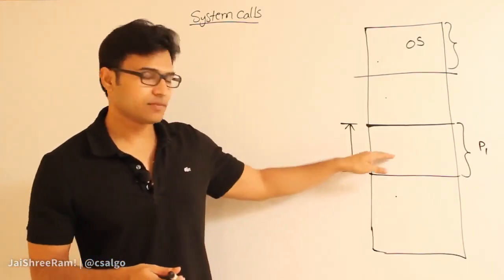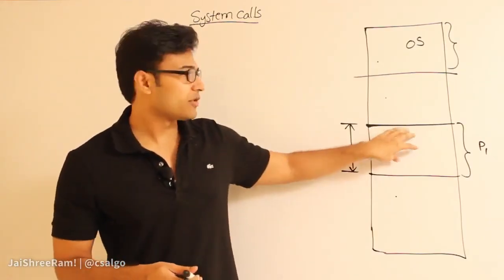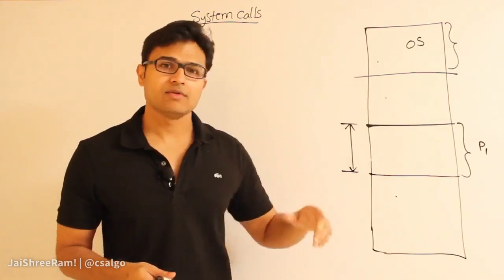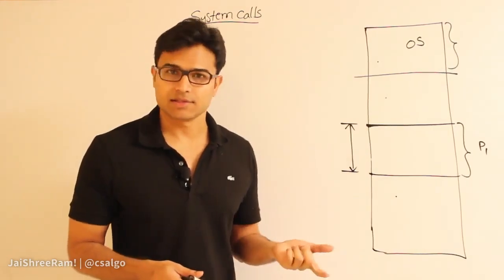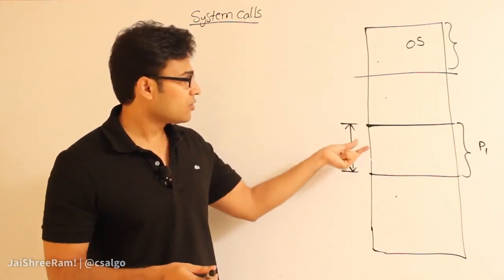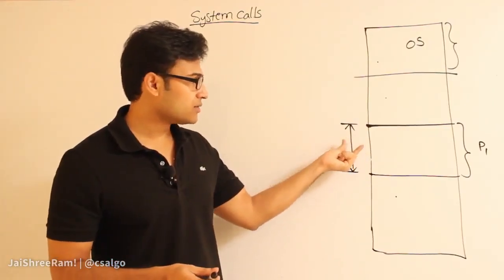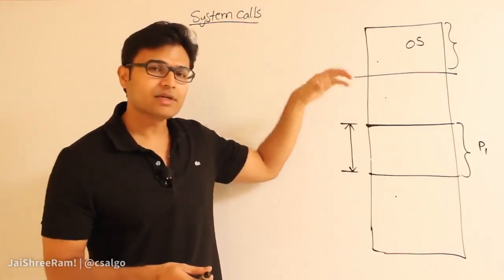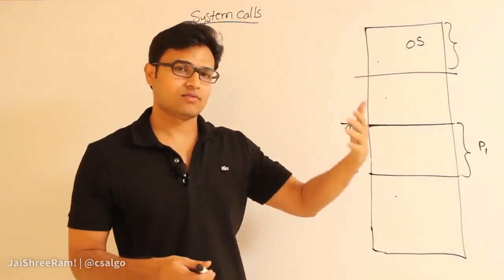Similarly, if this process wants to write something onto the monitor after processing, the monitor is also controlled by the operating system, so you have to invoke or execute some part of the code which is present in the operating system in order to accomplish that.